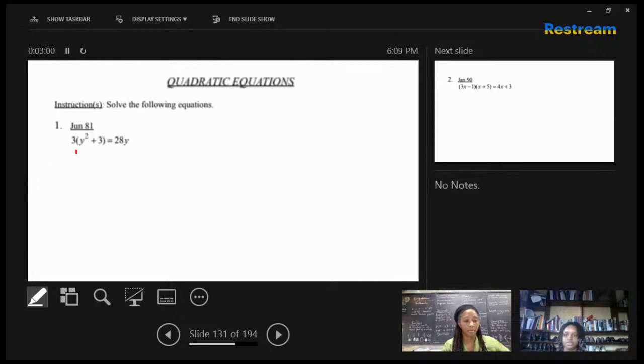Okay, miss. So we're going to expand the bracket. So 3 times y squared is 3y squared, and 3 times positive 3 is positive 9, equals 28.